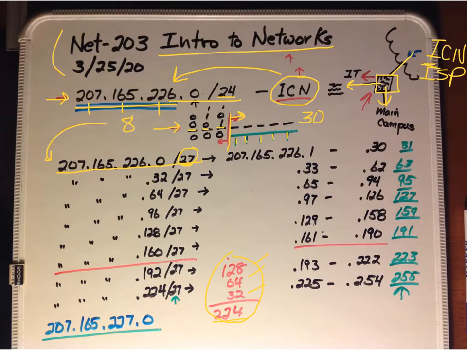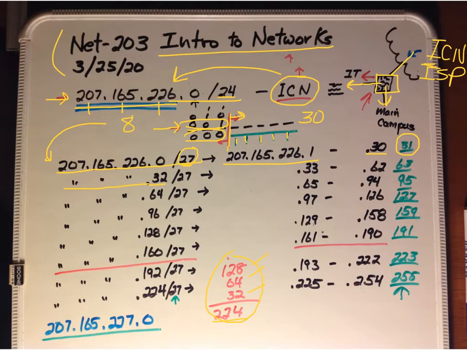So then we calculated the first address. Here's the first address. It'd be 1. It would go to 30. 31 would be the broadcast. The next address, so that first one was all zeros. The next address right here with a 1 there, that 1 gives us 32.